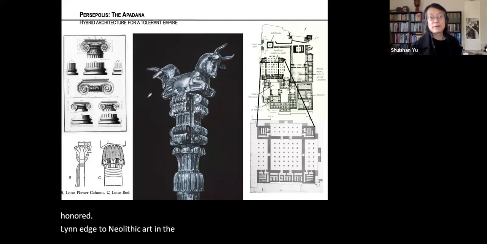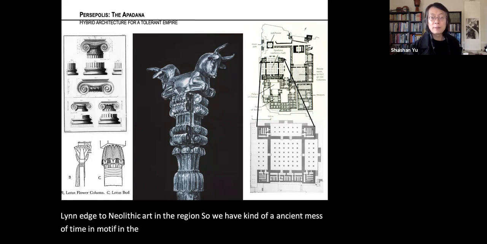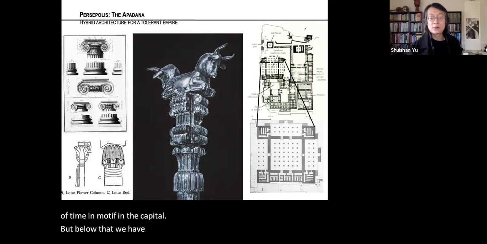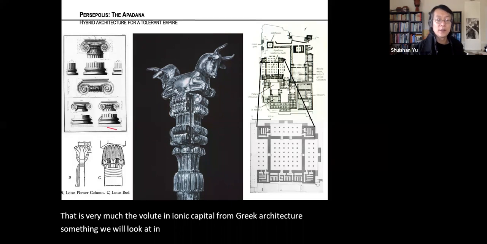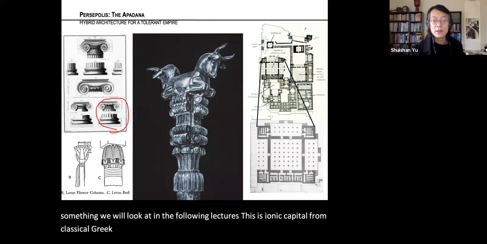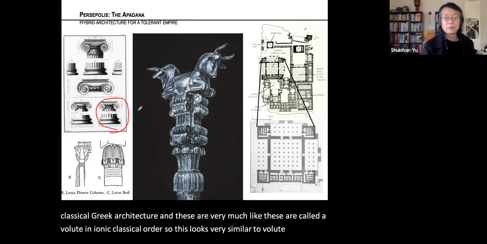So we have an ancient Mesopotamian motif in the capital, but below that we have those scrolls that are very much like the volute in the Ionic capital from Greek architecture, something we will look at in the following lectures. This is an Ionic capital from classical Greek architecture, and these are called volutes in the Ionic classical order. So this looks very similar to the volute in the Ionic order.